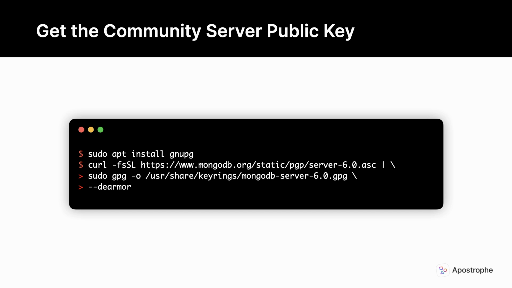First, we need to make sure that our environment can add the server repository securely. To do this, we install GNU-PG, a tool that allows our system to authenticate the integrity and origin of the repository. Next, we can download the repository public key and store it in our keyring.